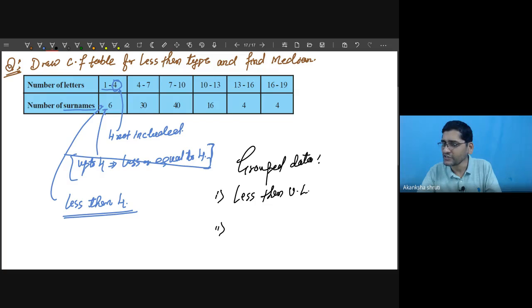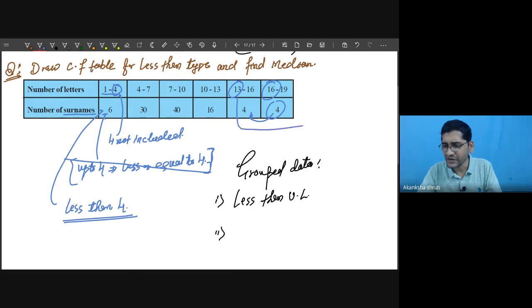Means from the end you need to look. So greater than or equal to 16 is this 4. Greater than or equal to 13 is this 4 plus 4. It becomes 8. Greater than or equal to 4 up to this much means 4 plus 4 plus 16, 24.